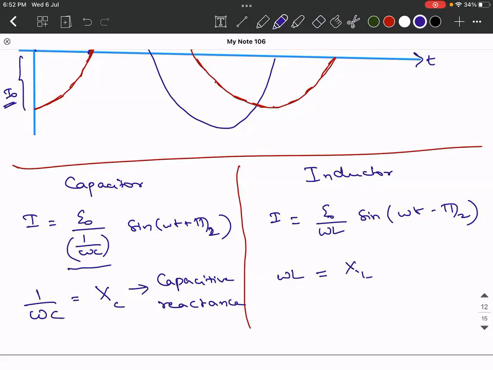Capacitive reactance is something similar to a resistance, but you don't call it capacitive resistance, rather you call it reactance. Similarly, XL is called inductive reactance. Is that clear?